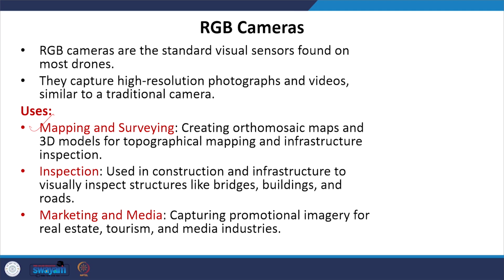We can use them in the construction industry or for monitoring infrastructure like bridges, buildings and roads. They could also be used in marketing and media, capturing promotional imagery for real estate, tourism and the media industry.